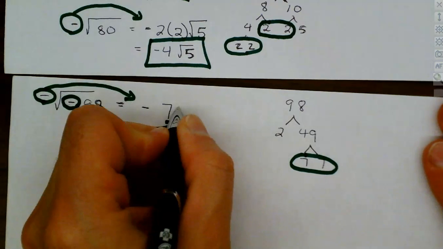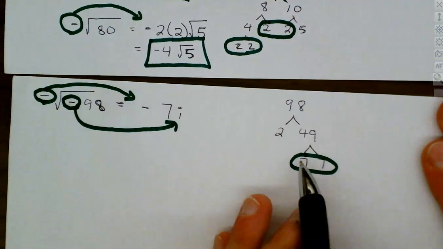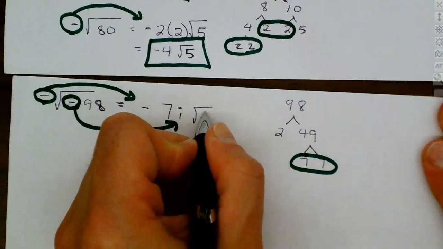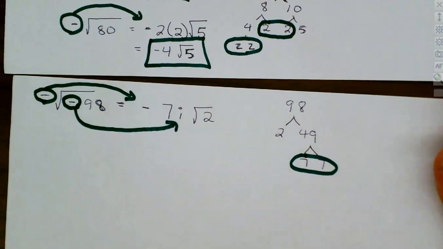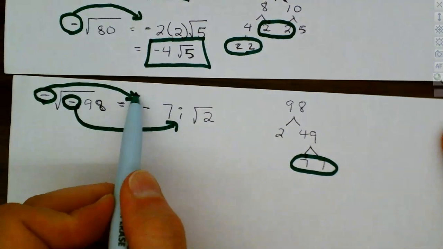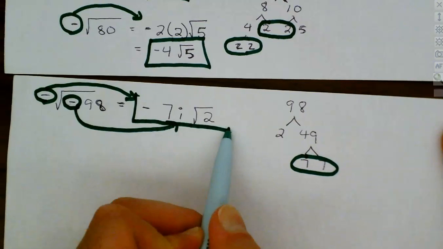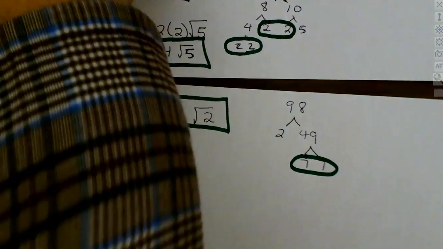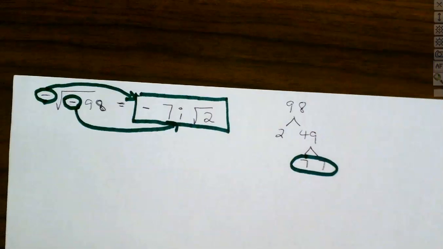We bring out an i, and what's left over that didn't pair up with anything else? 2. So that is going to come out as a minus 7i square root of 2. And we normally write the i in front of the square root. So if you have a root, you write the i in front.